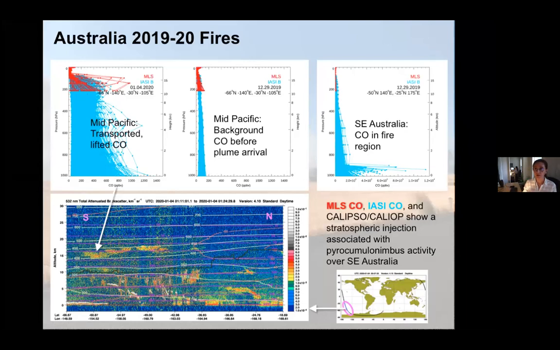So the conditions are such that the emissions from the fire go really high, all the way to the stratosphere. And this has very strong implications for climate, because once you send aerosols and certain gas species into the stratosphere, those have the capacity to change the radiative properties of the stratosphere.